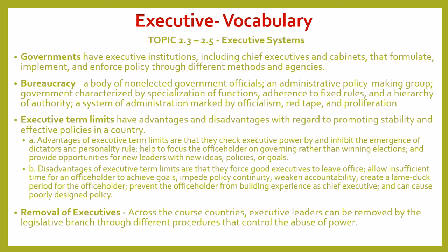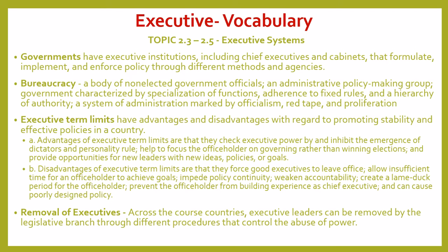In a semi system, it's both. So, it includes the chief executive plus the cabinet. So, the cabinet is a part of the executive branch. So, these two entities, the executive and the cabinet, formulate and implement and enforce policy through different methods and agencies. So that is what a government does.